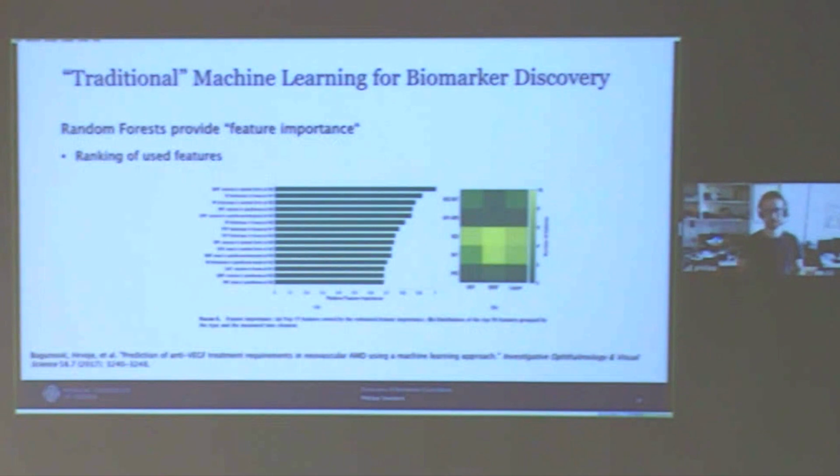For each of the features that we used for training the random forest models, we could calculate an importance score, and in this way we got a ranking of the features. In this case, we identified that a specific fluid in the central part of the retina was actually a protective factor for the disease progression. Before we identified that, patients were treated when they had this fluid because doctors did not differentiate between different types of fluids. So it really had an impact on how patients are treated nowadays.